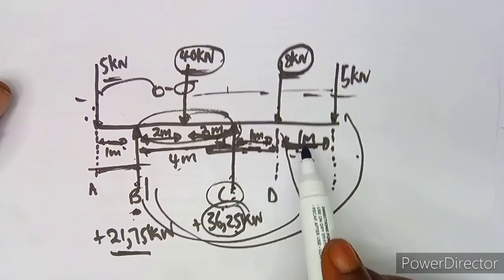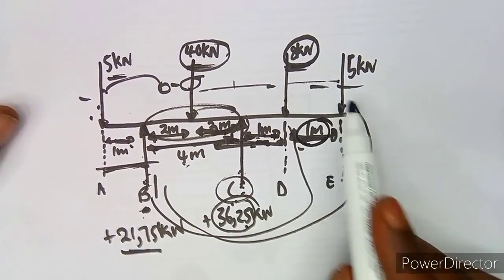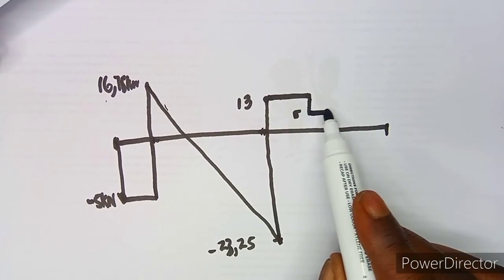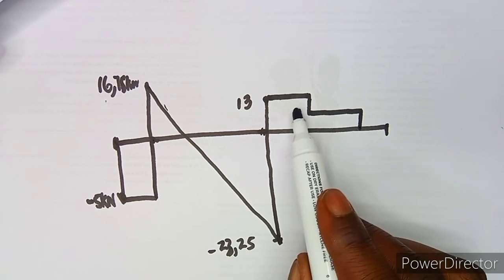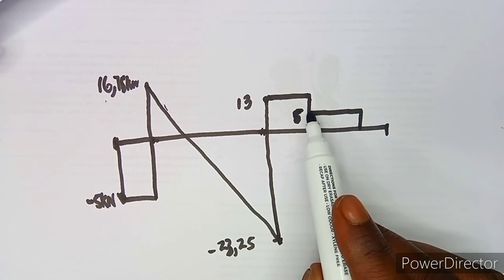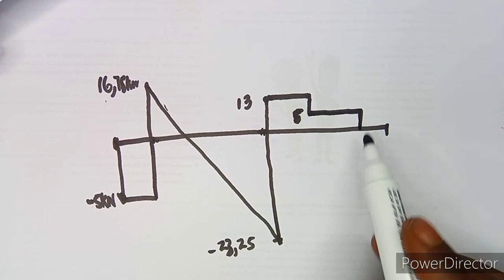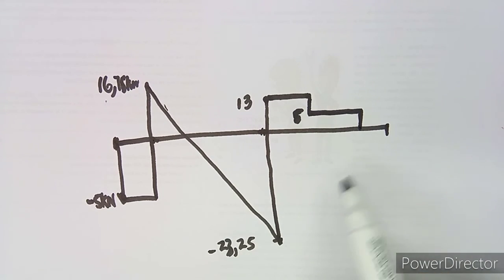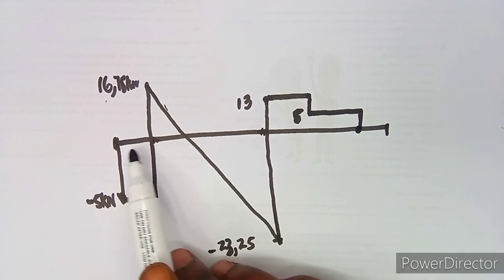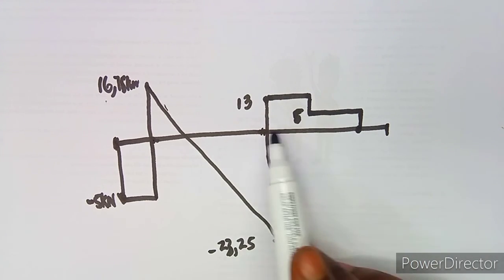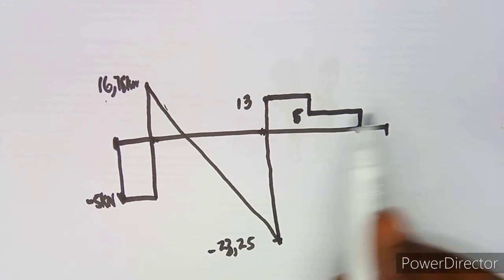Then you have a distance of 1 meter, then you go downwards. As you can see, according to the proper measurements, this figure is going to close up at the end.